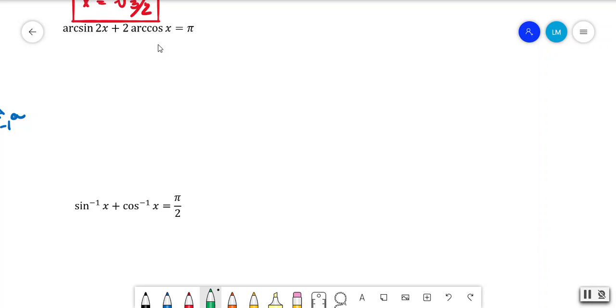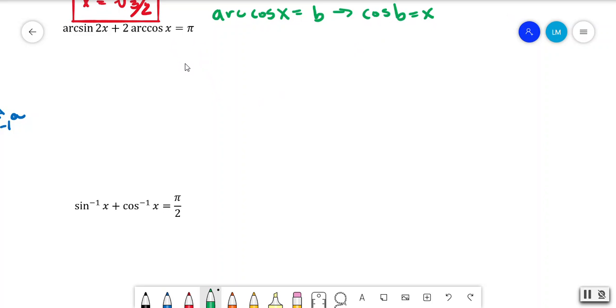So one thing that we could probably do is say, for example, that arc cosine of x is equal to, let's say, b, perhaps. Which basically means that cosine of b equals x.